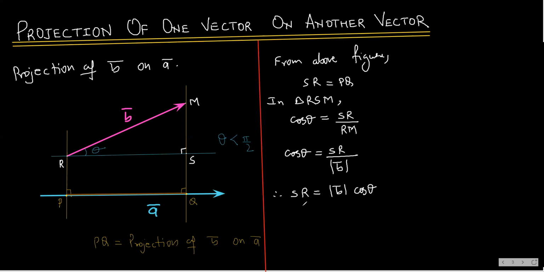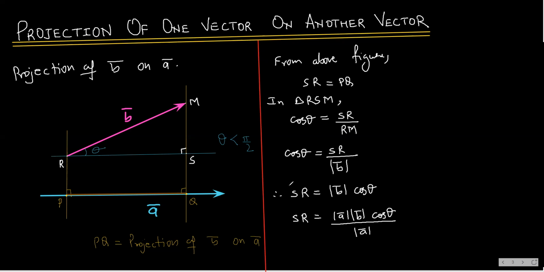The next step, if I get SR as this, I can multiply mod A bar in the numerator and in the denominator. So I write SR equals mod A bar mod B bar cos theta divided by mod A bar. I'm multiplying mod A bar in the numerator, and since I'm multiplying in the numerator, I am also dividing by mod A bar.